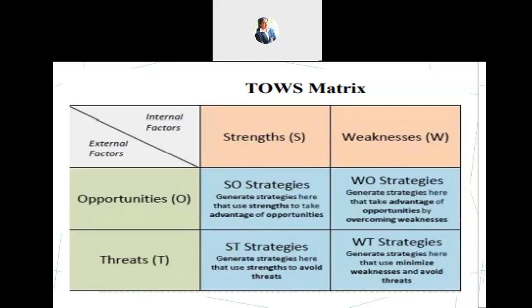To give an example, if the weakness is lack of funds, then the company will have to come up with strategies wherein it can bring funds to the organization. Now the next one is ST strategy. That uses strengths to avoid the threats.